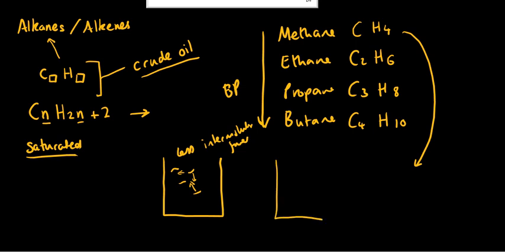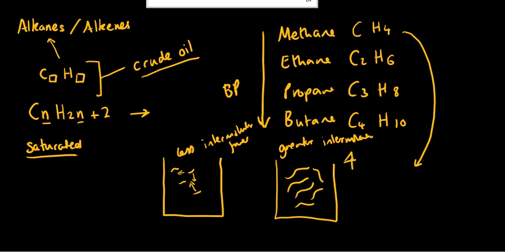Whereas if I have a beaker with long chain hydrocarbons in, the force of attraction between the molecules is greater. I have a greater intermolecular force, so I end up with a higher boiling point, as it is harder to break these in a solid into a liquid and then a liquid into a gas.